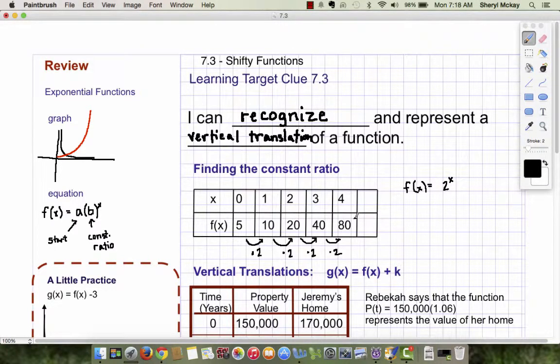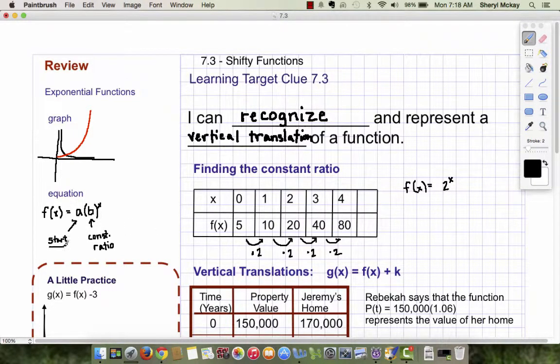But there's more to this, because if I just said f of x equals 2 to the power of x, then when x is 0, 2 to the power of 0 is 1, but here when x is 0, f of x is 5. So what is going to be my starting point?